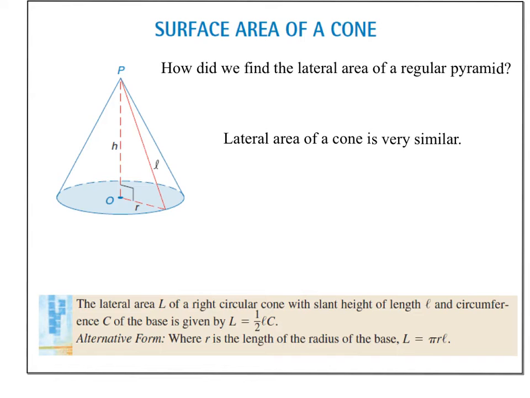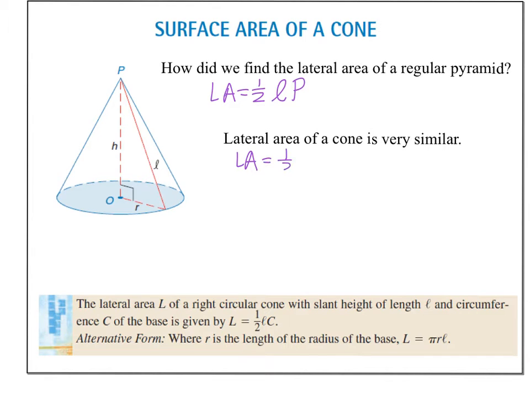Okay, so how did we find the lateral area of a regular pyramid? Well, we used our formula for lateral area being 1/2 times the slant height times the perimeter. So the lateral area of a cone is very similar, but instead of using perimeter, we're using circumference. So we can go ahead and plug that in.